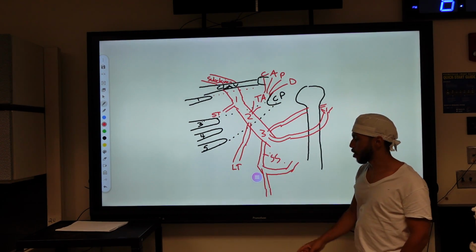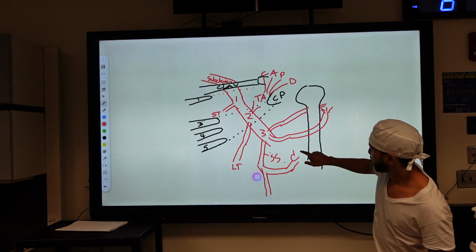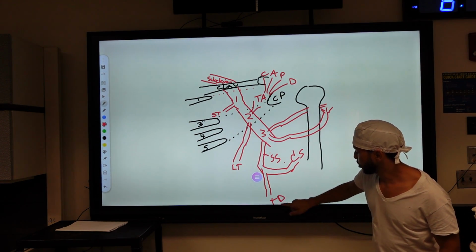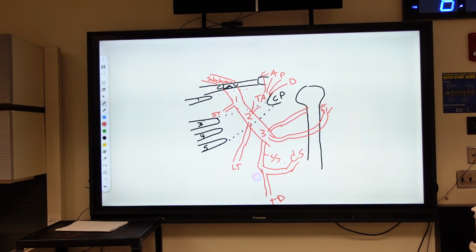The subscapular artery is going to divide into the circumflex scapular and the thoracodorsal arteries. Okay, circumflex scapular and thoracodorsal arteries.